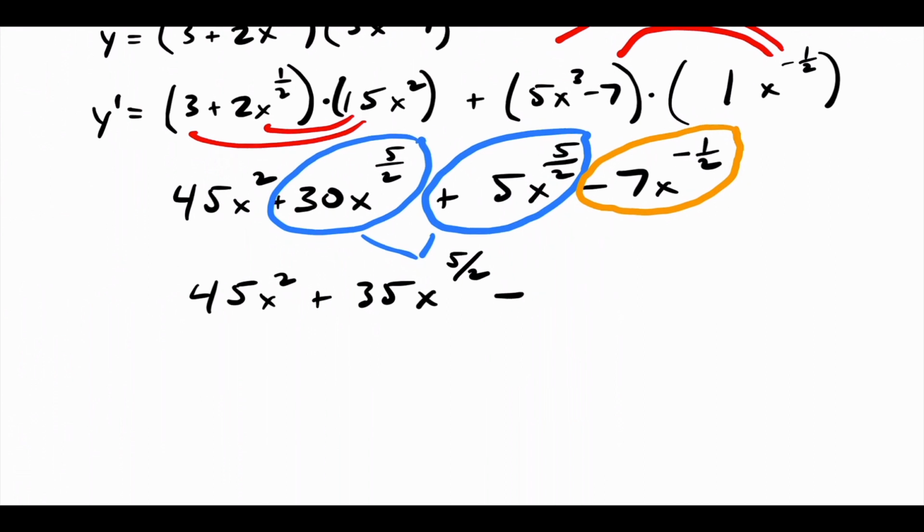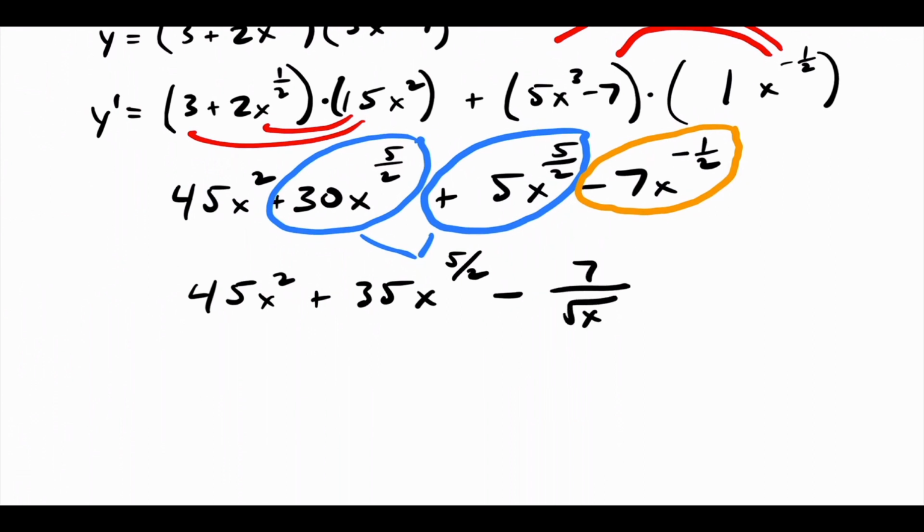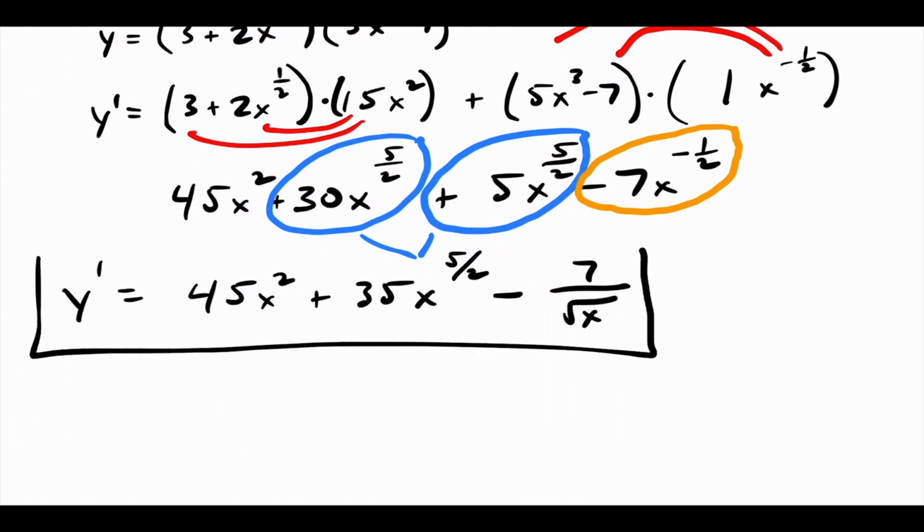So the negative means move it to the bottom and give it a root. The x gets the negative 1/2 because that's moved to the bottom, and then 1/2 means square root.